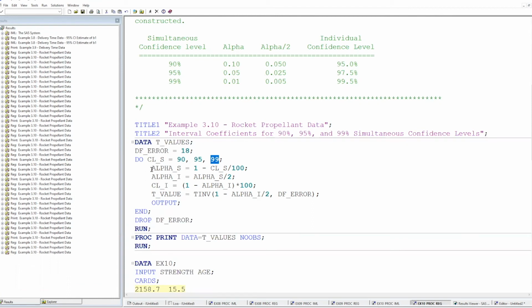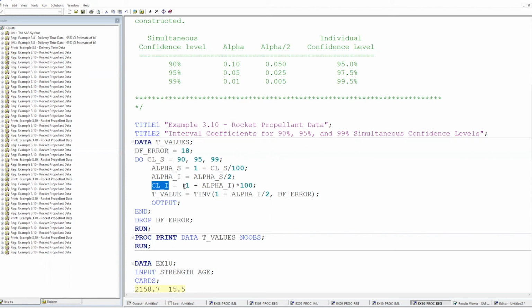I'm first going to identify the alpha value associated with each of those confidence levels. These are the simultaneous alphas. I'll then calculate the individual alphas from that, just dividing the simultaneous alpha by 2. So I'm calculating these values in this step. And then once I have that, I will calculate the individual interval confidence levels, giving me the values in this column.